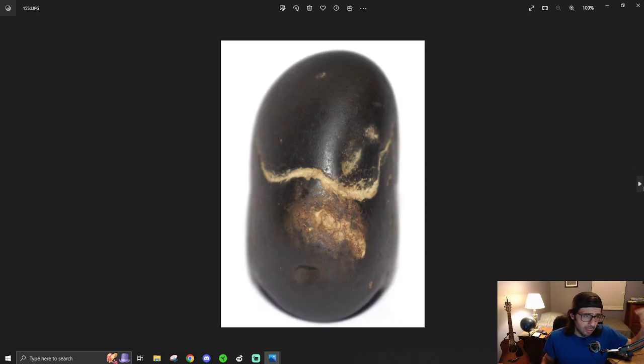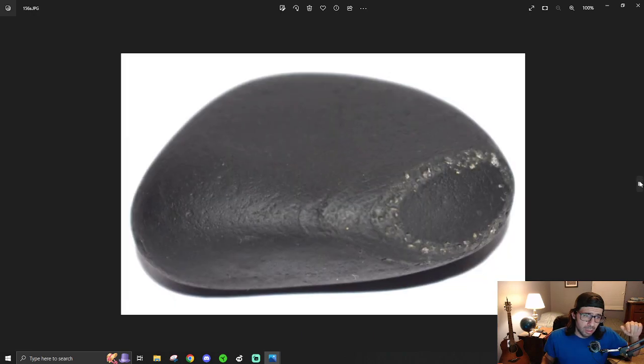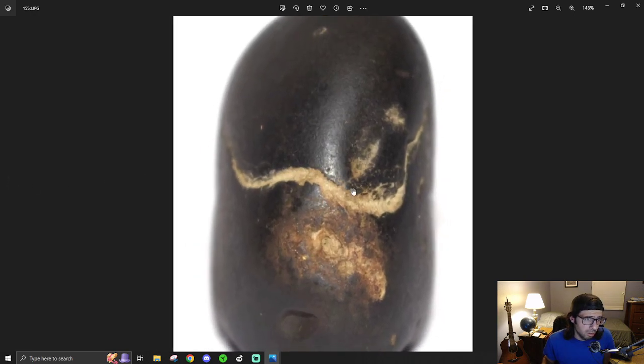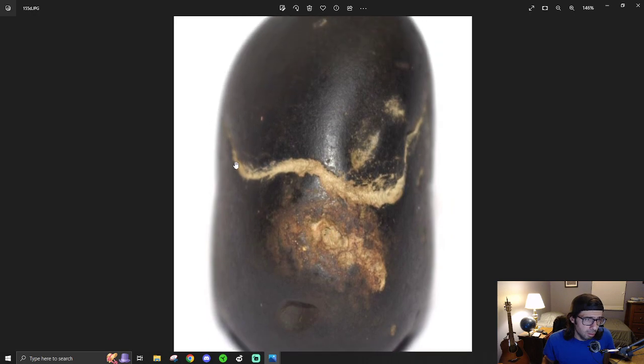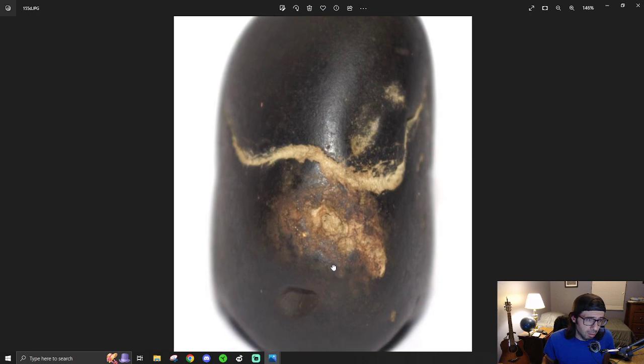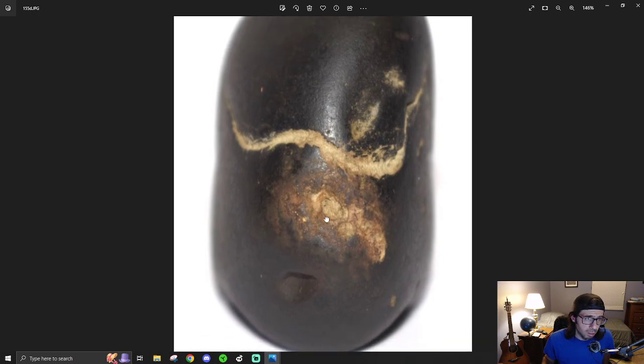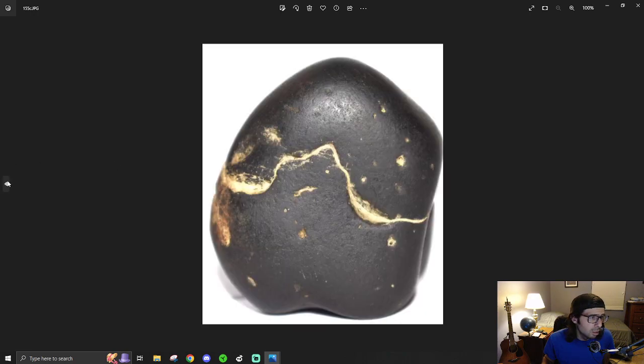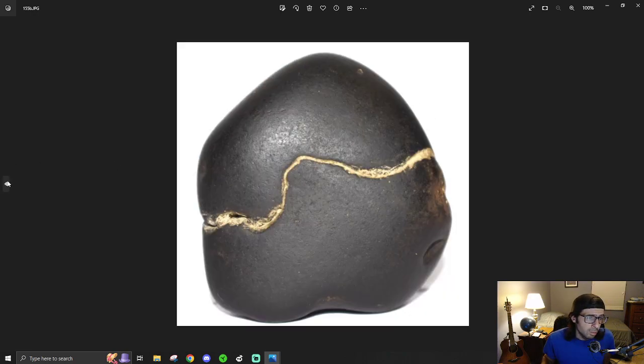So that's this side. New stone. Okay, so we got this side. Comes around the edge of the stone. And then interestingly, this is going on. I don't know.